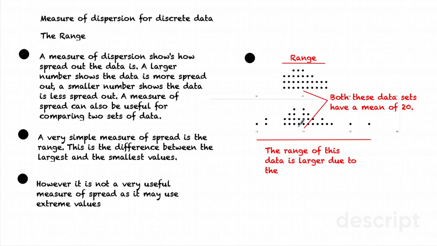In the second set of data, the data is much more spread out. It has a few both very large and very small values, and so the range will be much larger. So really, the range isn't the most useful measure of spread.